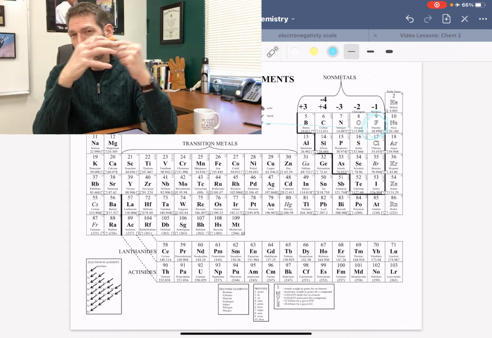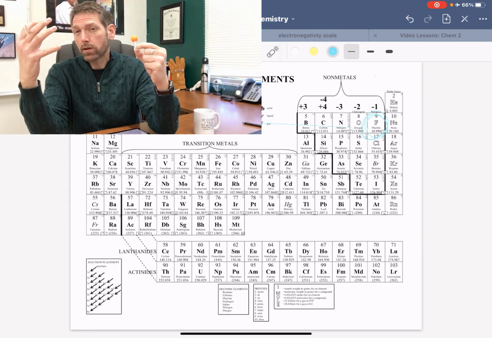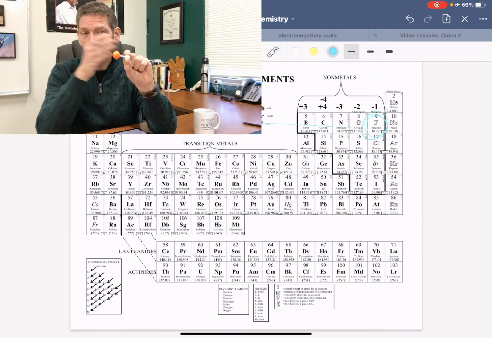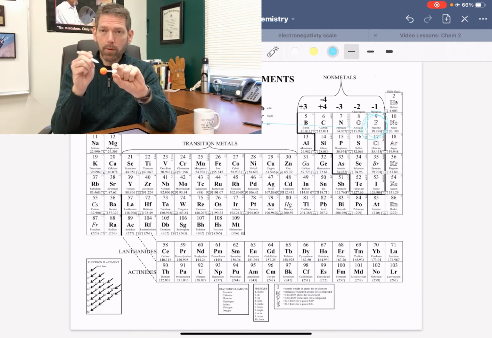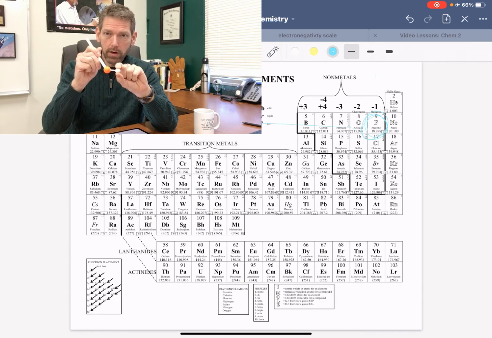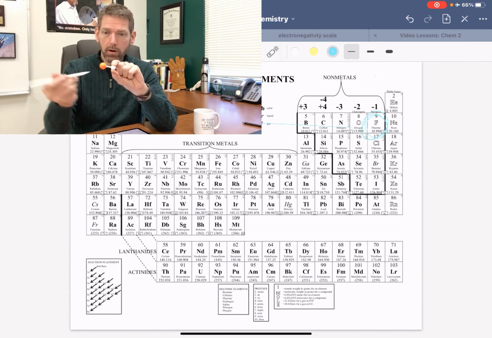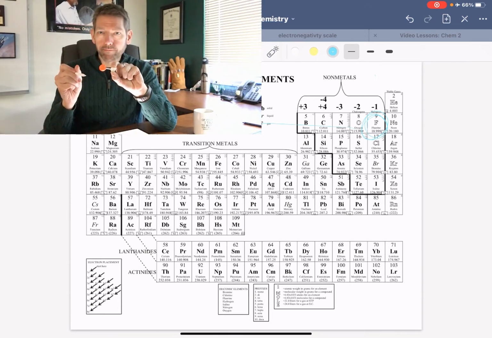It's a relatively larger radius of space in which those electrons are orbiting and moving all over the place. But remember, those electrons can be here, here, here. They can be at any point in time.